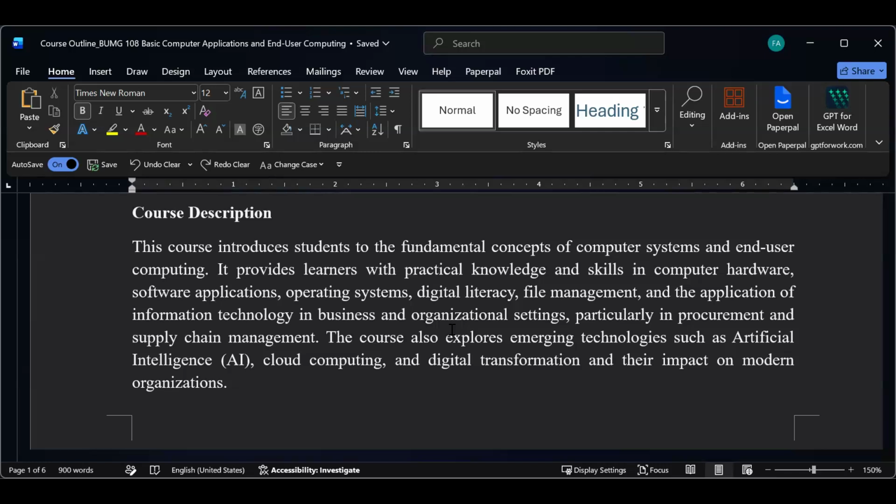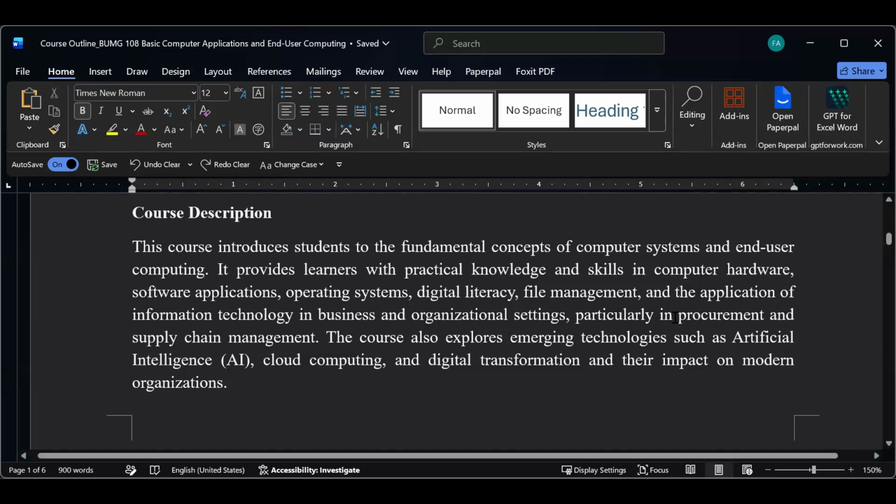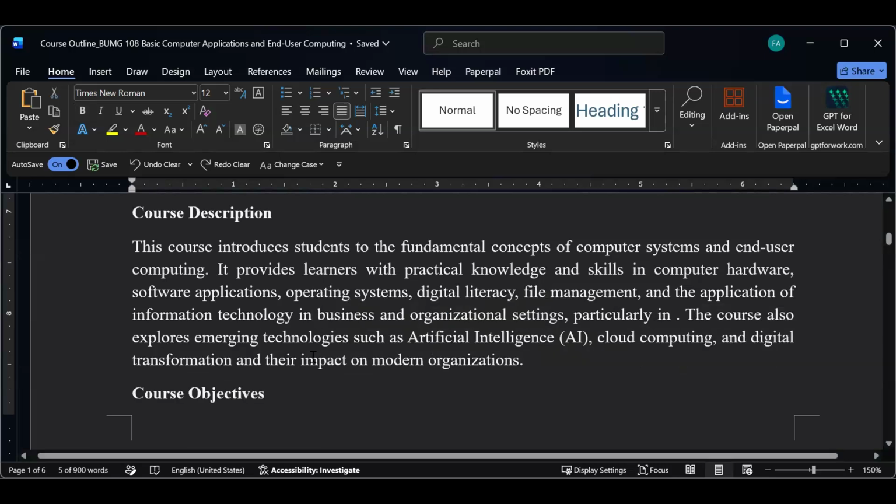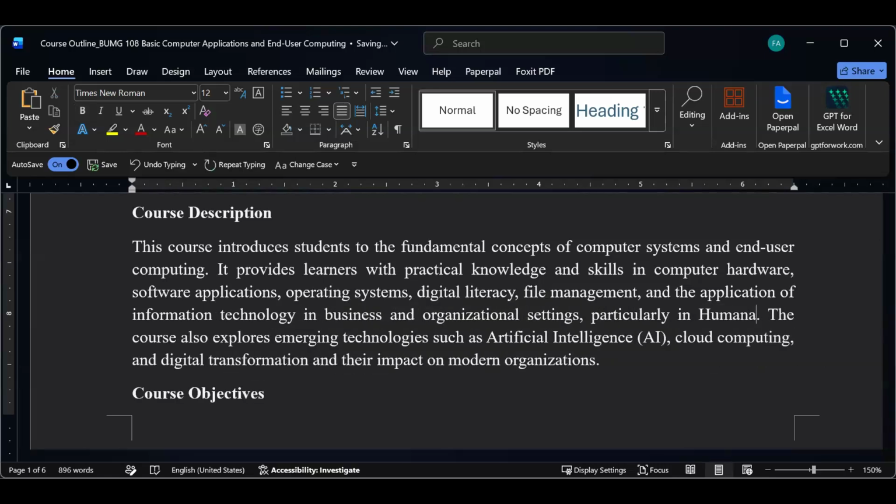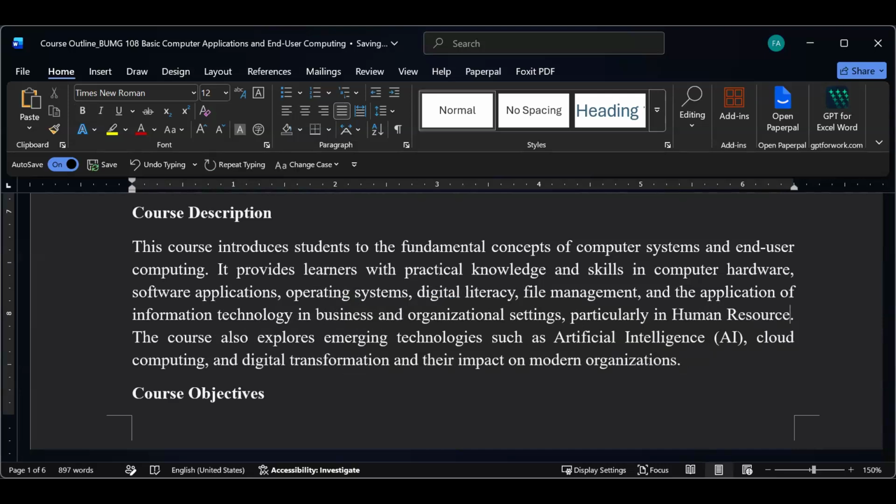In fact, for computing, it cuts across. So this should be in human resource management rather than procurement and supply chain, because I want to do it in such a way that it resonates with what you're already doing.